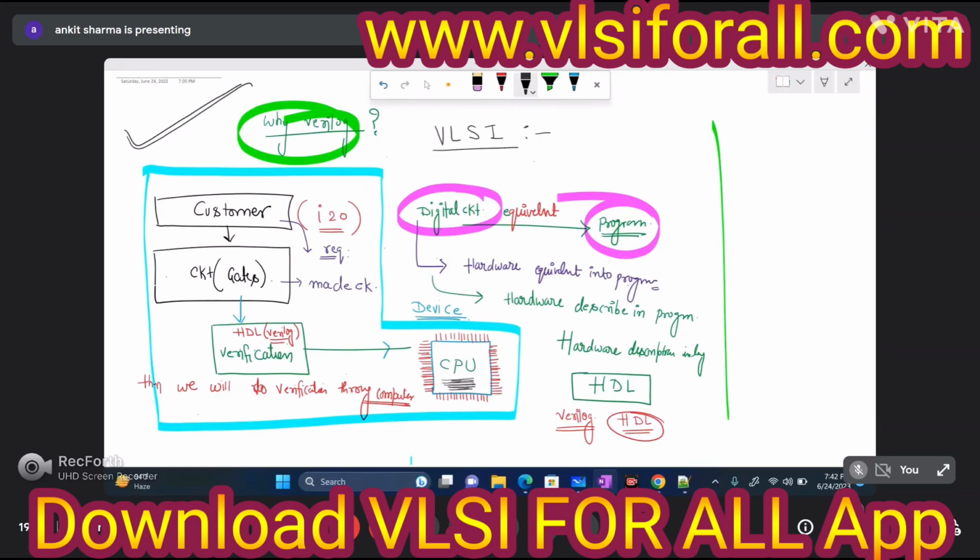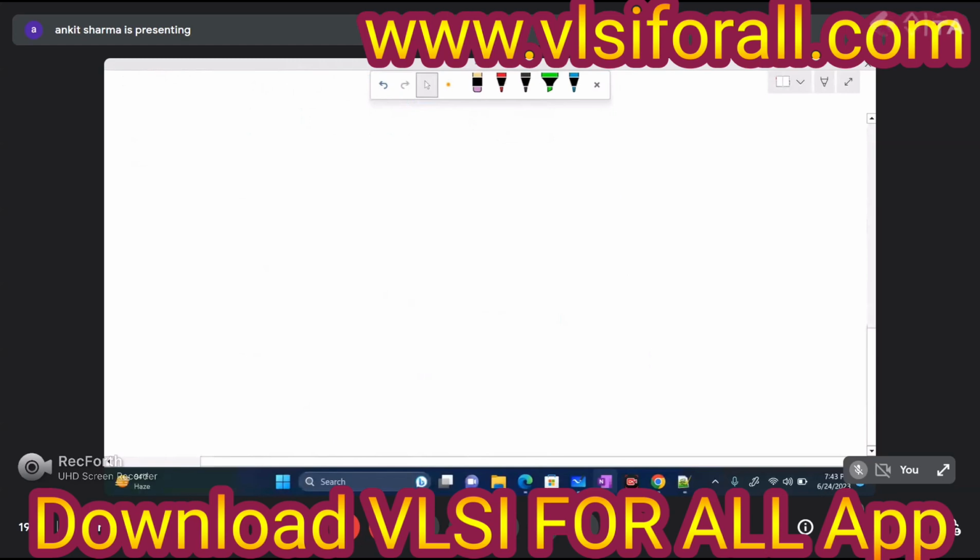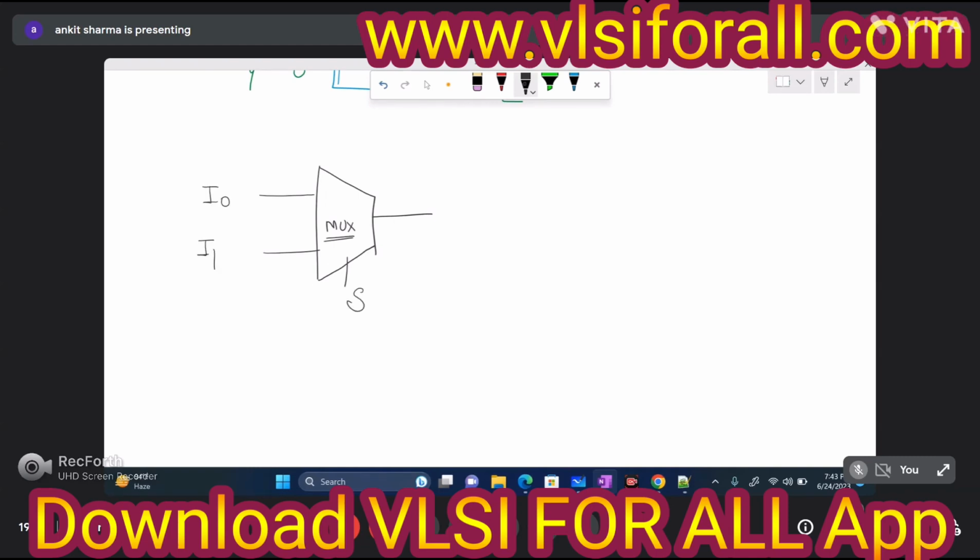So we can take the smallest circuit as an example. It could be a half adder, but I want to take some other circuit instead. Let's suppose one customer came to you and asked, please make a mux, a chip, an IC that is a mux. How does a mux behave?